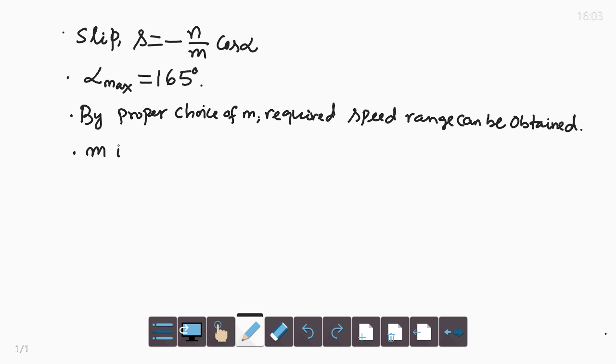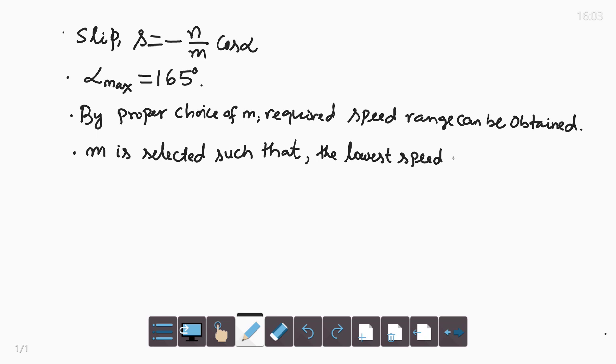M is selected such that the lowest speed is obtained at the maximum value of alpha.